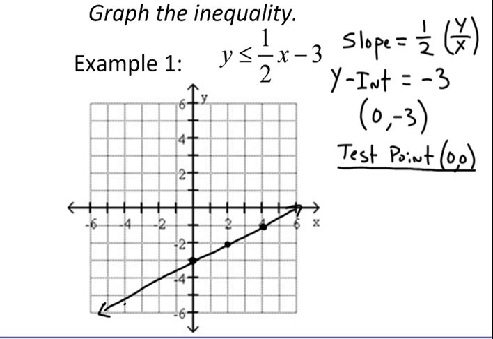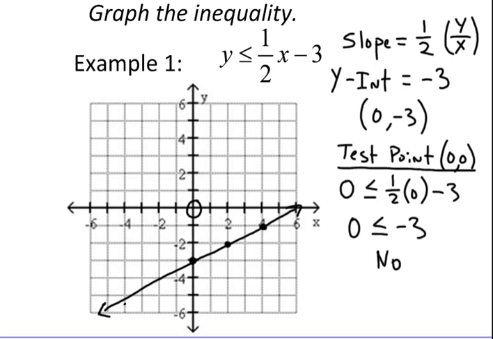So here's our test point, 0, 0. It's right here. So we're going to plug in 0 less than or equal to 1/2 times 0 minus 3. So is 0 less than or equal to negative 3? No. So that means wherever 0, 0 is false, and so we shade everything that makes it true.